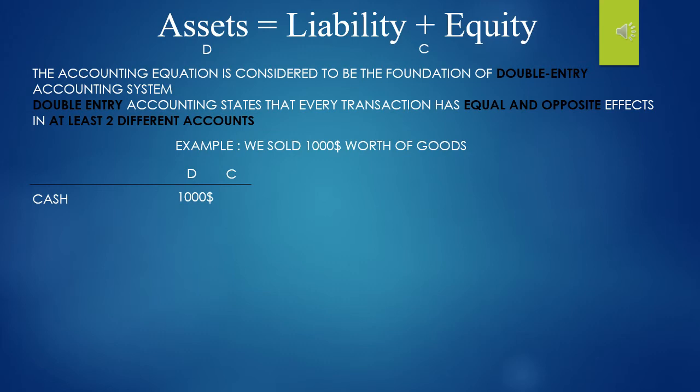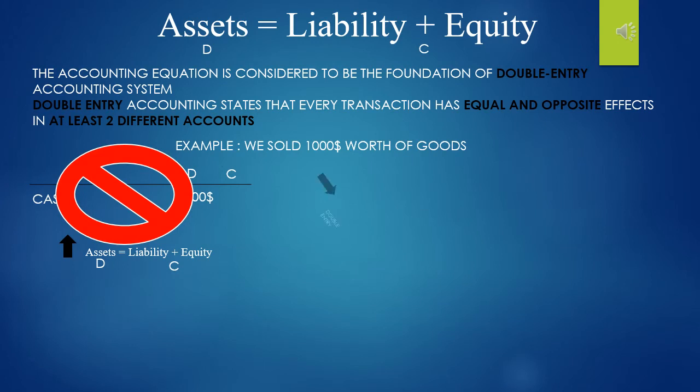In this journal entry, we have one account. If you look closely, cash has increased on the asset side, on the debit side. But there was no opposite effect. So, according to the double entry accounting, the proper journal entry should be cash to sales of goods.